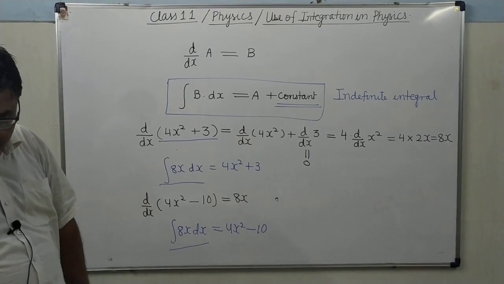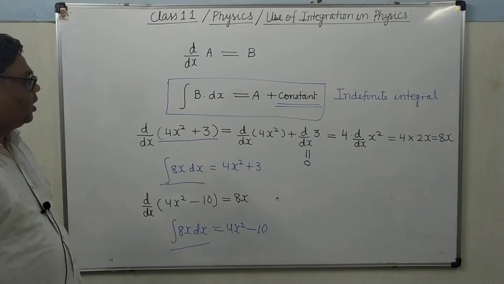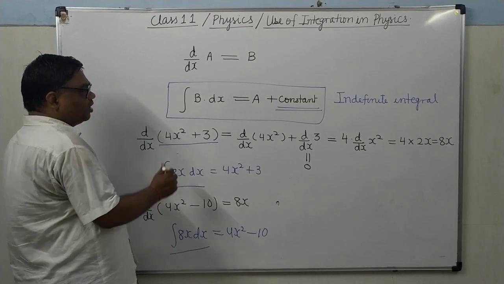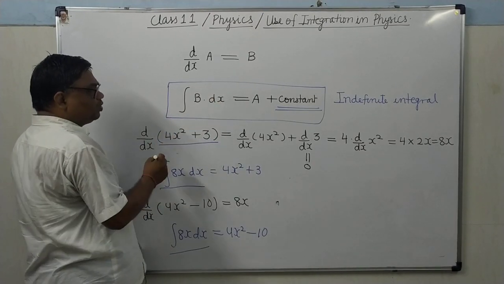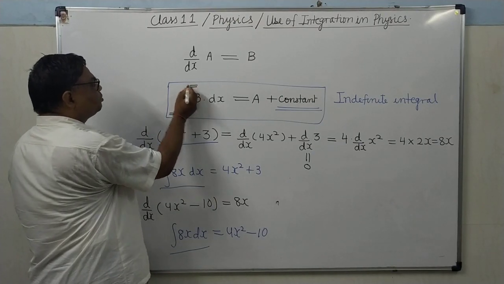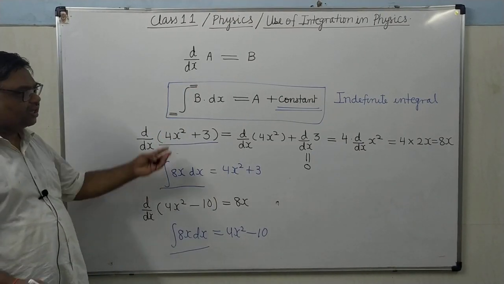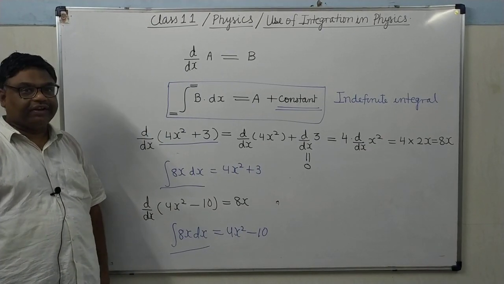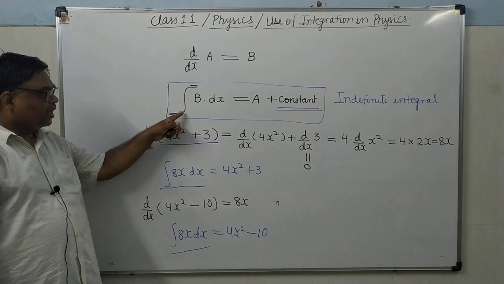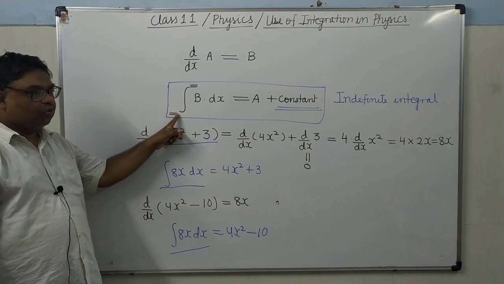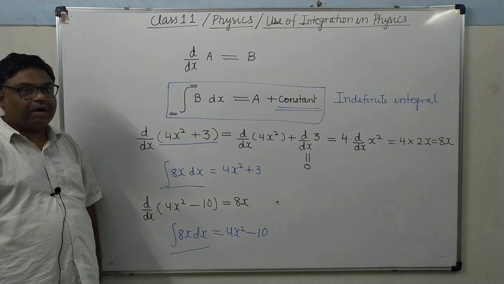Now here one more thing. Here the lower limit is written at this place, and at this place we write the upper limit. That I will tell you afterwards. When the limits of the integral are given, here we write the lower limit, here we write the upper limit.